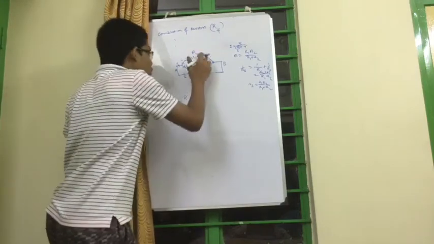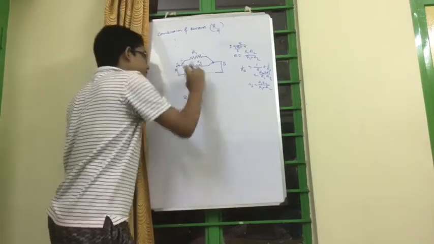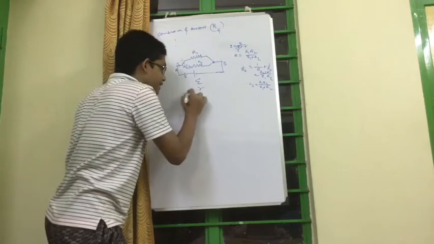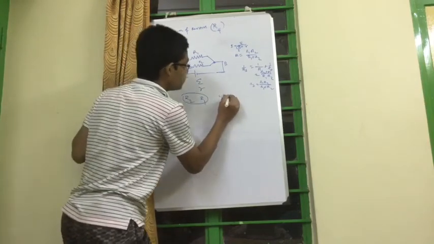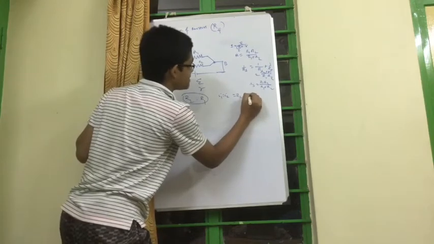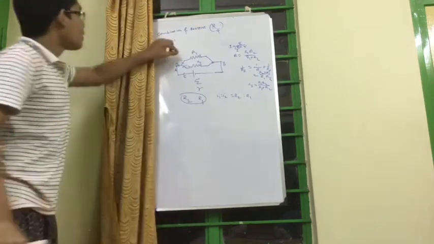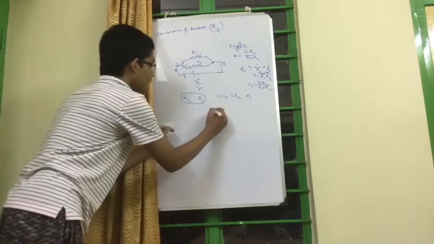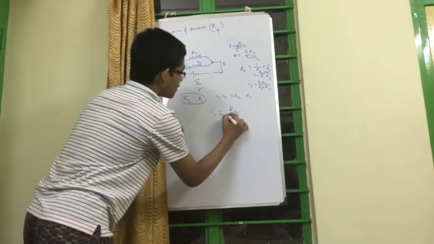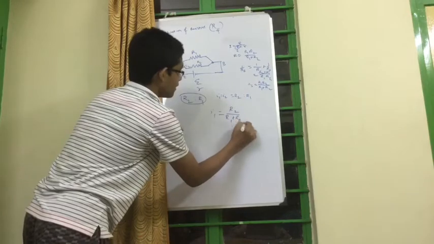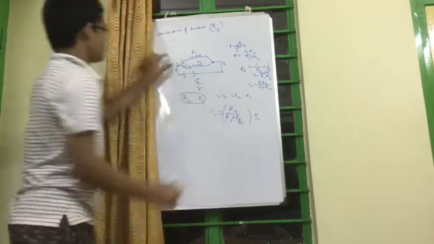Again I repeat, if two such resistors are there, I1 is to I2 equals R2 is to R1. So if you want to find the value of I1, it is R2 by R1 plus R2 times the total current.